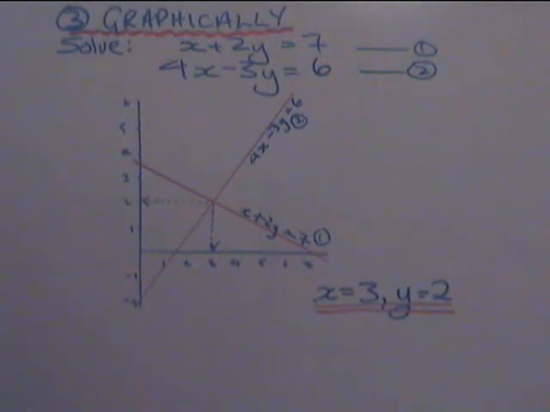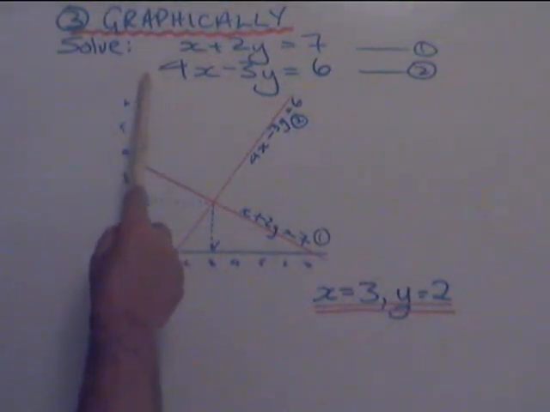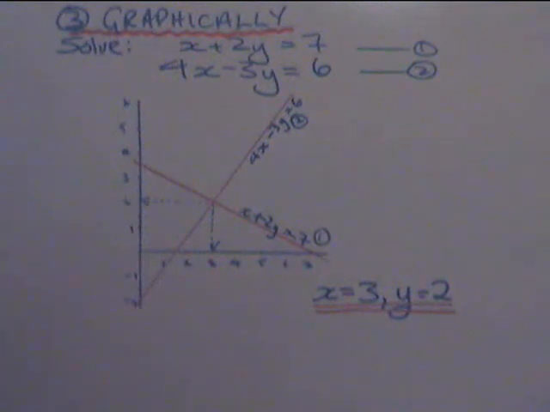And the third method is to solve these two simultaneous equations graphically, and it could hardly be simpler really. All I need to do is to draw the two lines that correspond to these equations.